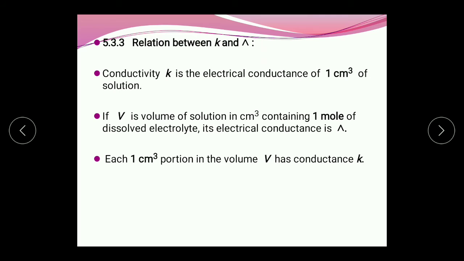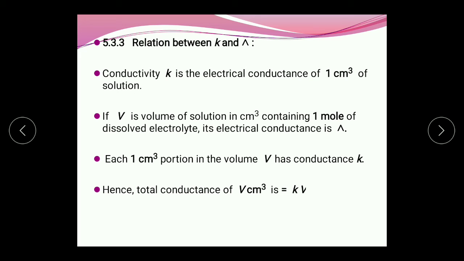Now, each 1 cubic centimeter portion in the volume V has conductance K. We have taken V volume of the solution. Of this V volume, each 1 cubic centimeter portion has conductance K. Then, the total conductance of V cubic centimeter will be K into V. It is but natural.